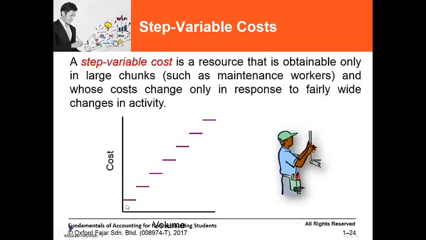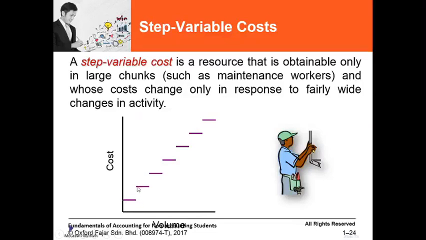If you are producing 500 products, your cost of maintenance workers will be 3,000. If you are producing 1,000 products, the salaries to be paid still remain at 3,000. So no matter how much you produce within this relevant range of 1,000, your cost to hire maintenance workers will be 3,000.